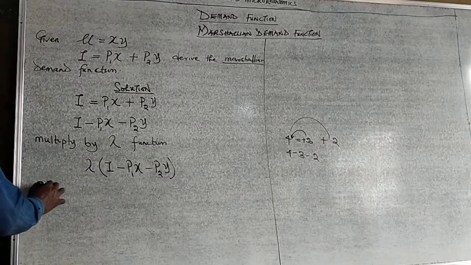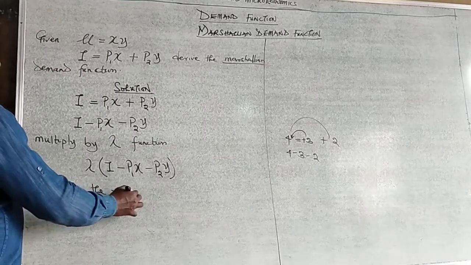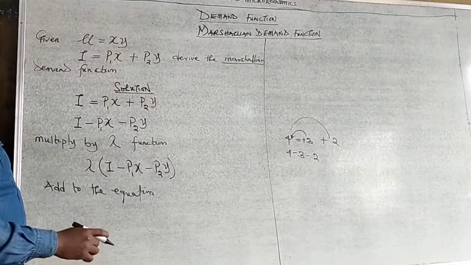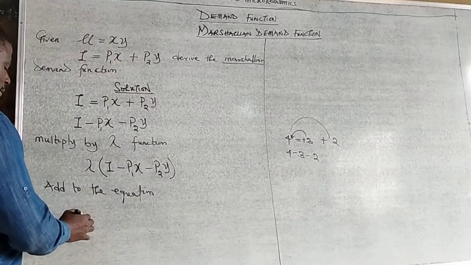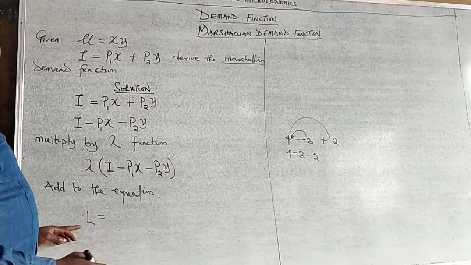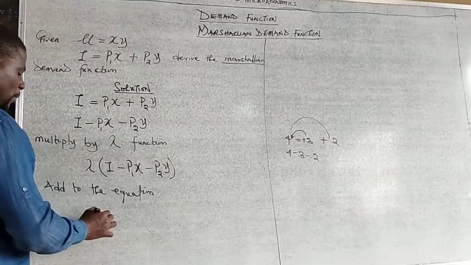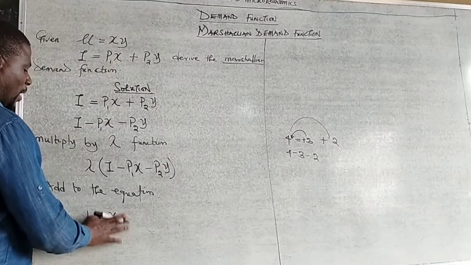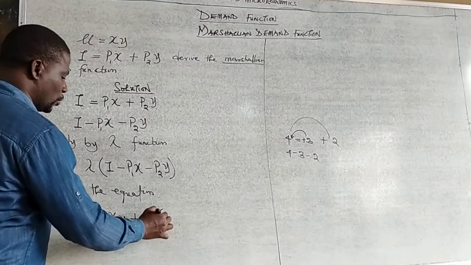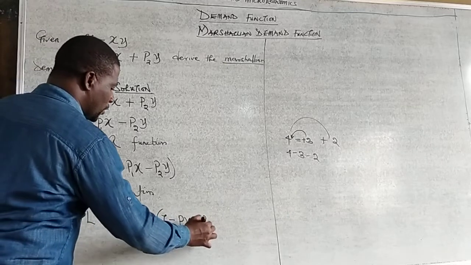So you can now add it to the equation. Now the equation you have is xy. So I can say L. I just use the letter L, you can use any other letter. So xy plus lambda into I minus P1x minus P2y.